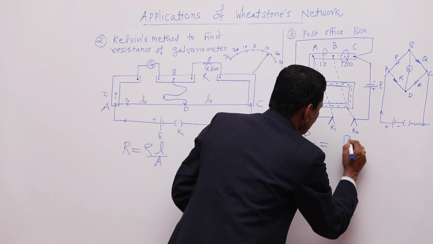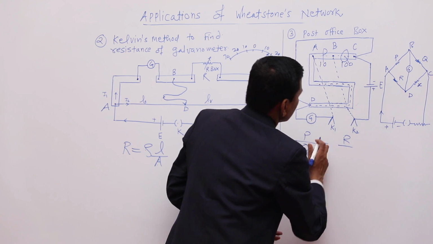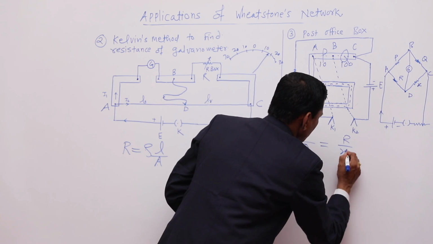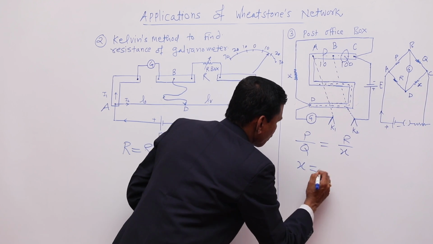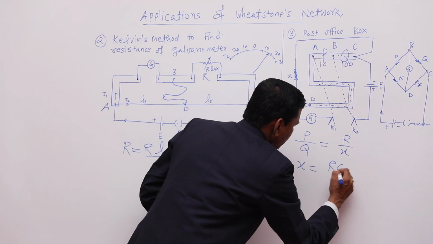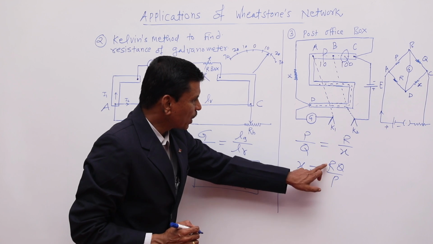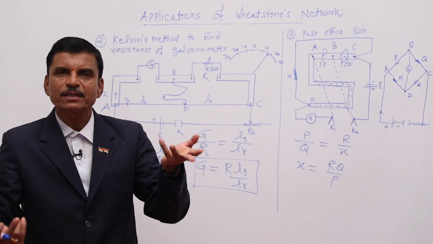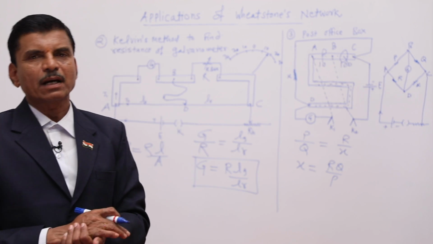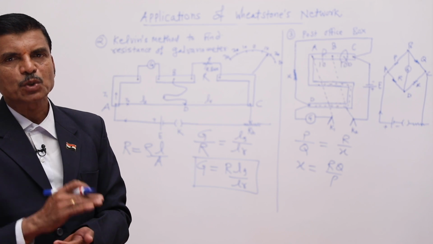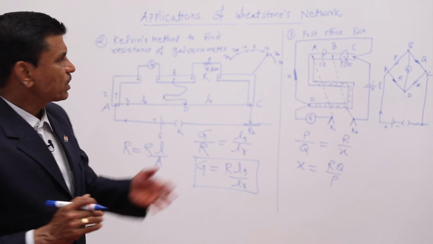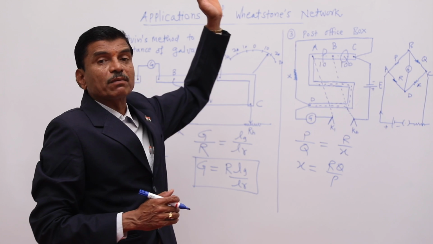P upon Q is equal to R upon X. So X can be obtained. X is equal to R Q upon P. If we know P, Q, R, we can find the unknown resistance X. So that is the apparatus called the post office box. So this is the third application of the Wheatstone network.